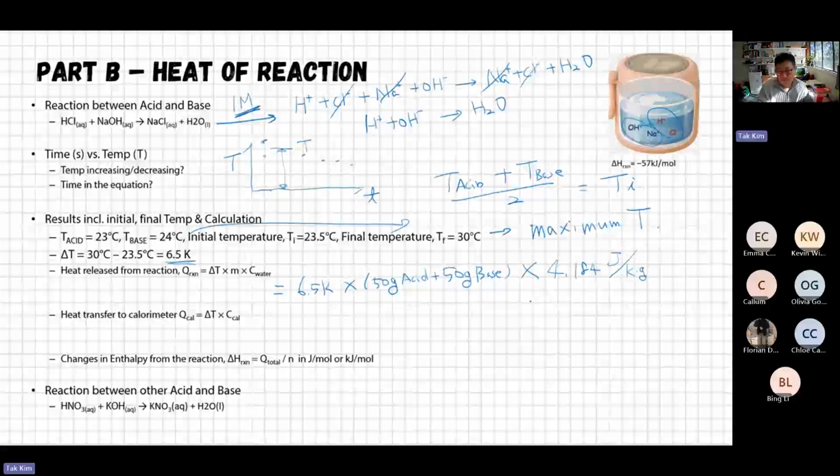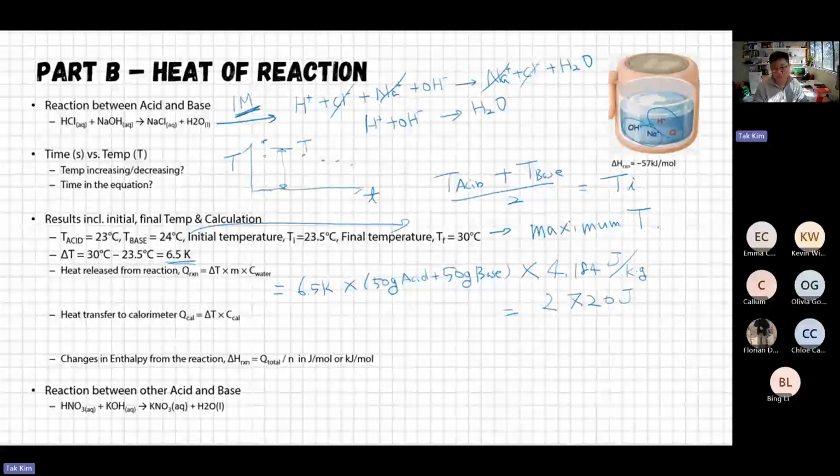Once you put these numbers into your calculator, 100 times 6.5 times 4.184, I got 2700-ish. That is the energy from the reaction. So this is the energy produced, measured using your thermometer.